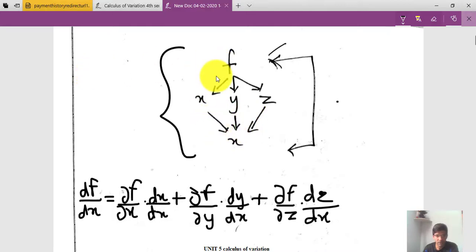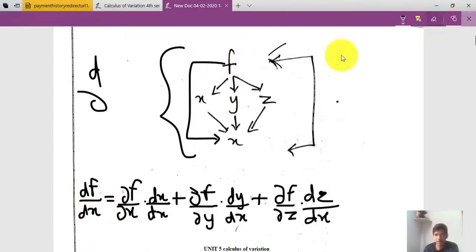Since it is associated with only one variable, I write d, and if it is associated with more than one variable, then I write dou. I want to take the total derivative from f to x. From f to x, how many variables? It is one variable, so that is the reason I write df by dx.